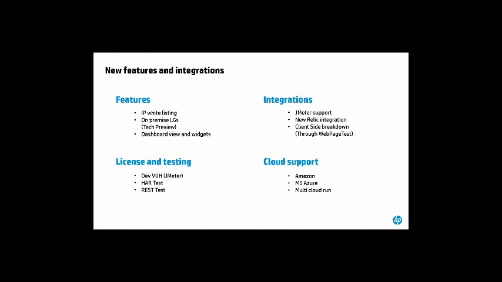So for testing external facing apps, some companies allow testing it from any IP. They open up the test application to any IP, but some companies need IP whitelisting. So some of the new features are IP whitelisting.